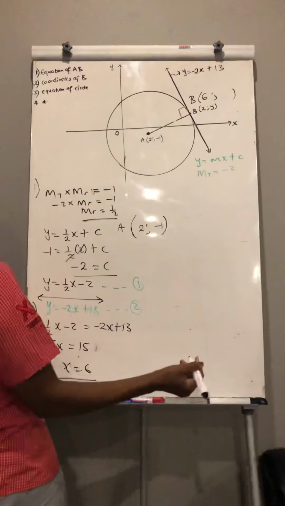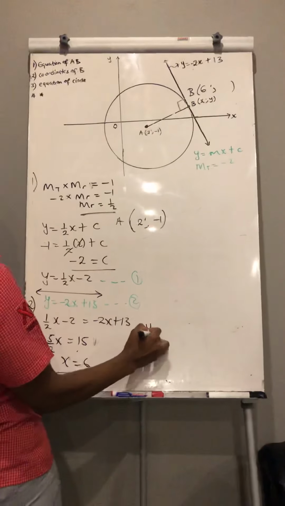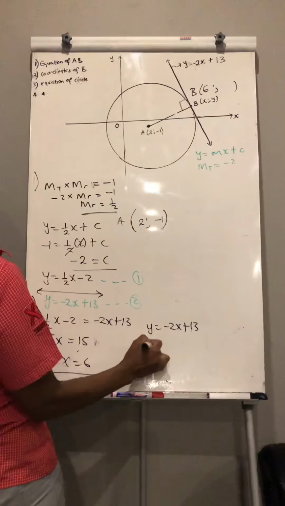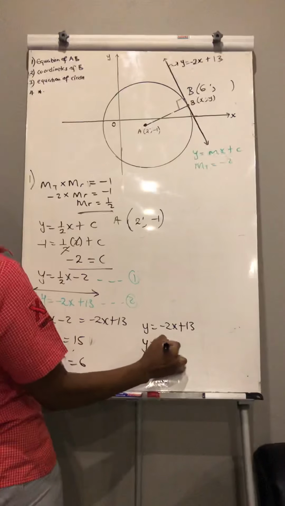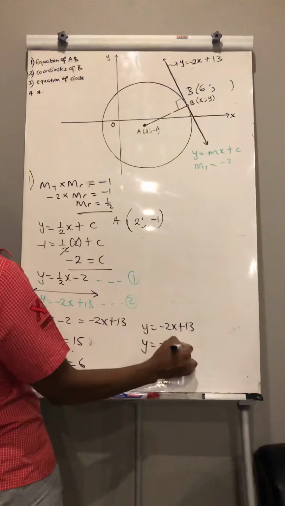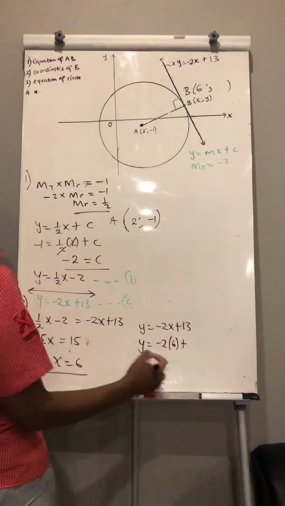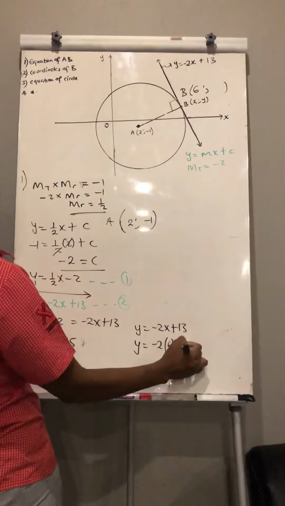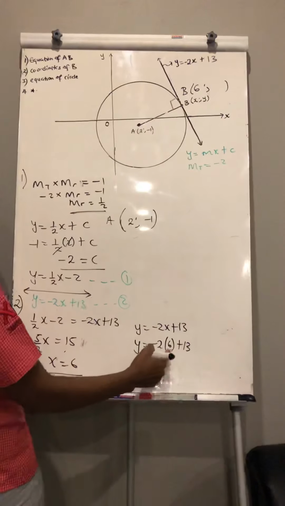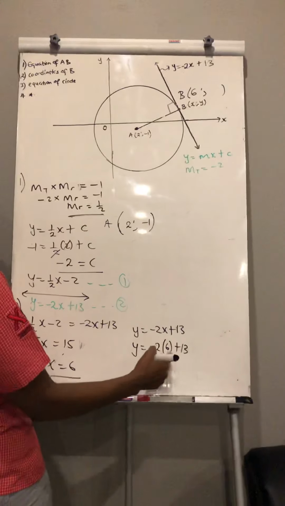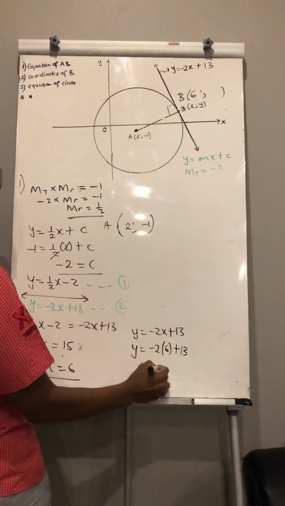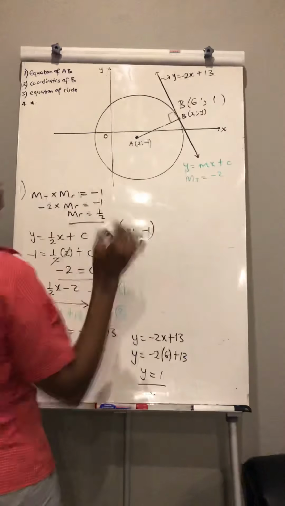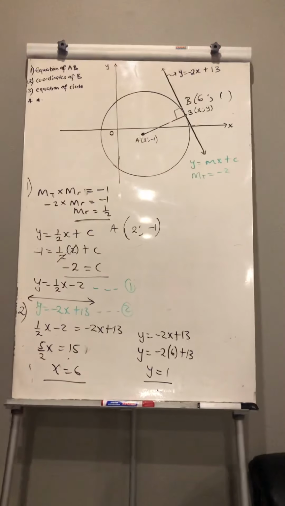So I think I am going to be tempted to use this one, which says minus 2x plus 13, since it doesn't have fractions on it. So we put a 6 there, and is that a 13? Let's see. So it does look like it's minus 12 plus 13. It should then be 1, as far as I can see. So that should be 1 over there.